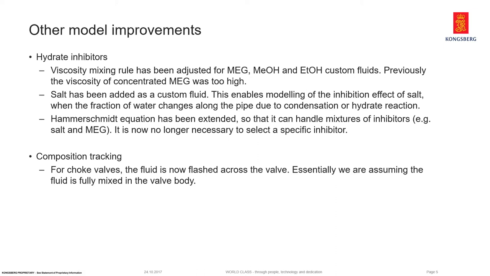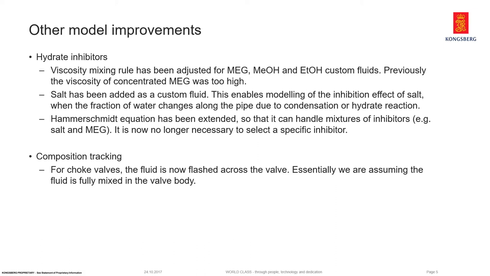Yeah, then something completely different. In composition tracking, we've made an adjustment for choke valves, so when the valve is partially open, we now flash the fluid that is going through the valve. The reason for doing that is that because of the high pressure drop over a choke valve, there can be a lot of mass transfer, like condensation or evaporation.